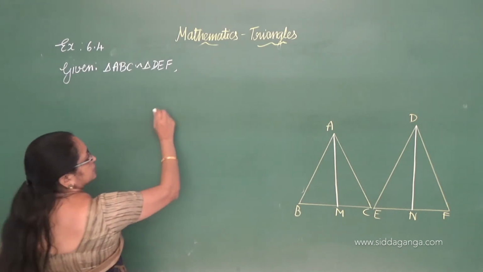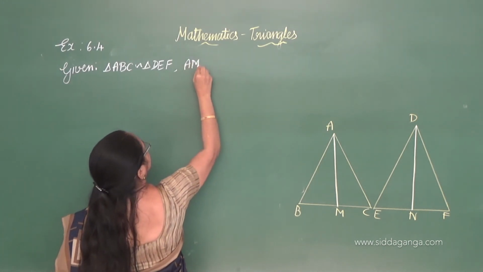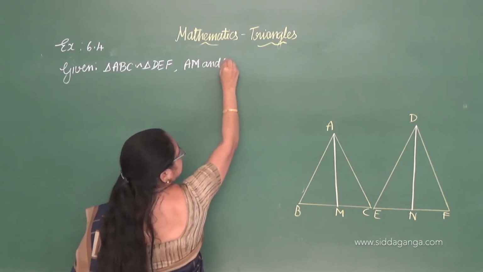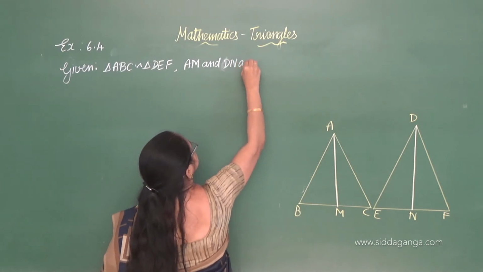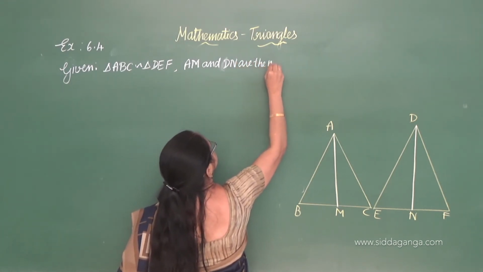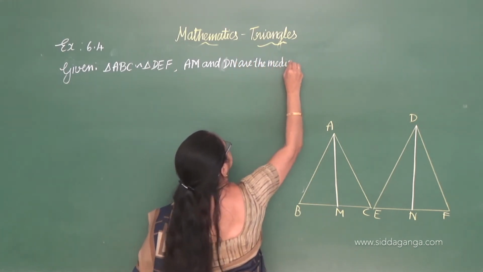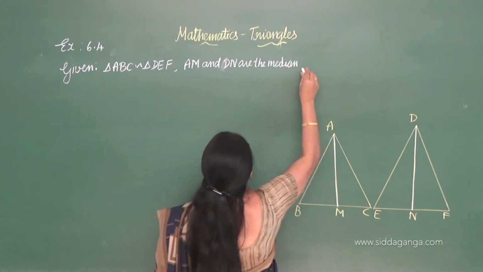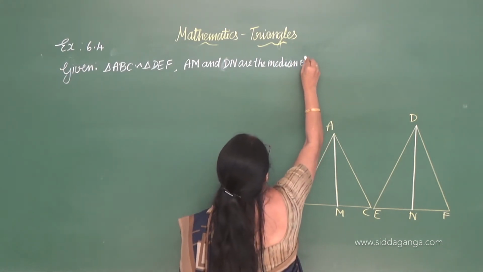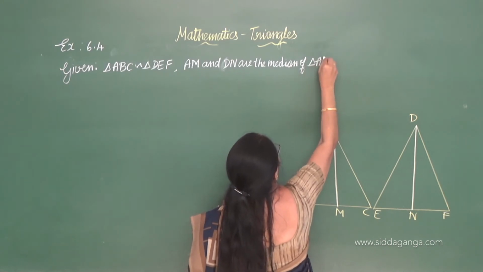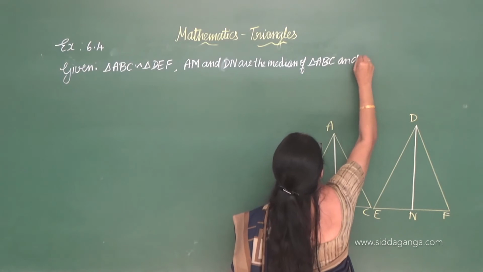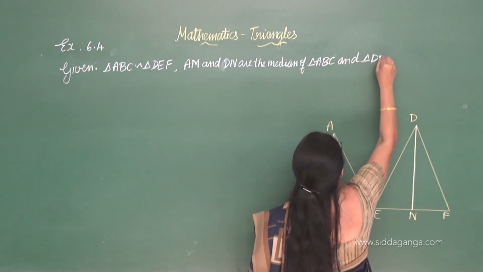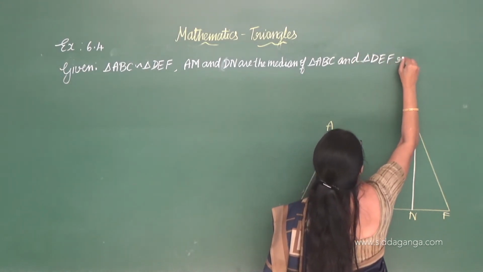So AM and DN are the medians of triangle ABC and triangle DEF respectively.